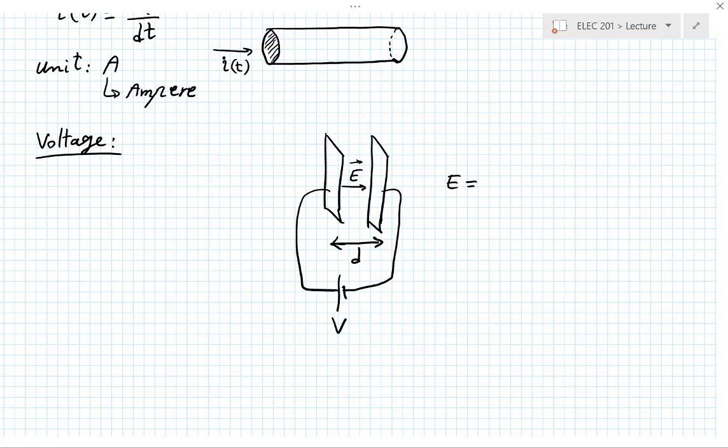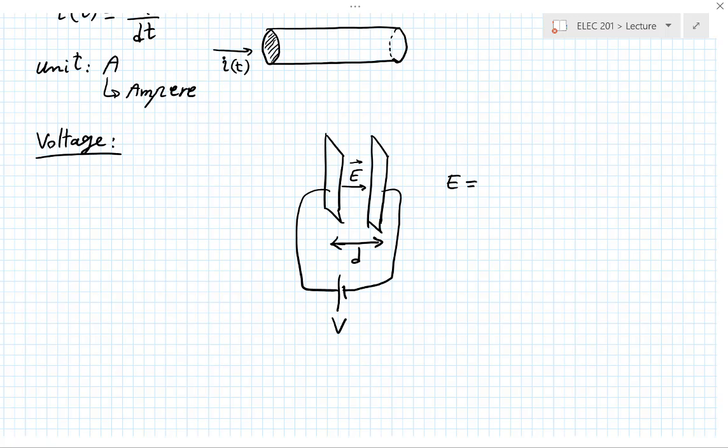It's got to be something that's on the board. So there's only V and d. Think about a combination of V and d that would make sense. What is one of the units of the electric field? Volts per meter.